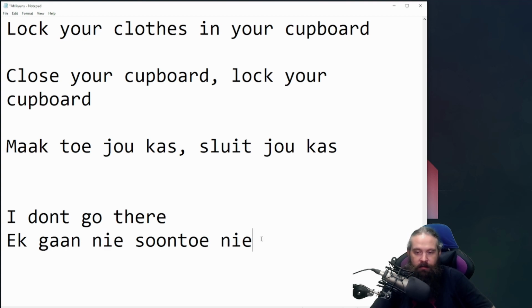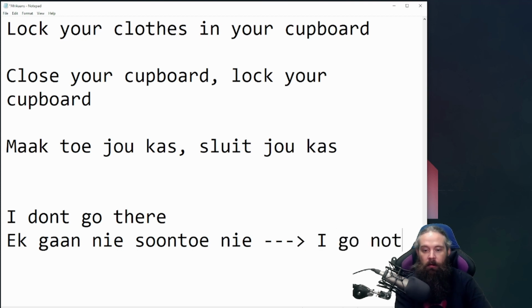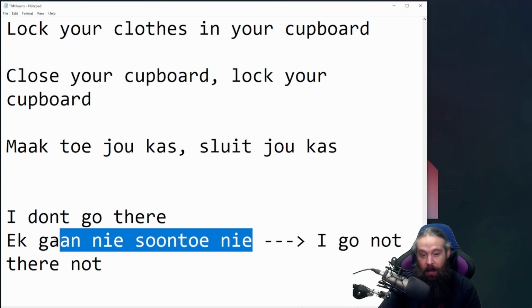If I had to directly translate that sentence, word for word, this is going to be difficult, trust me, it is: I go not there not, basically. That's that sentence directly translated.